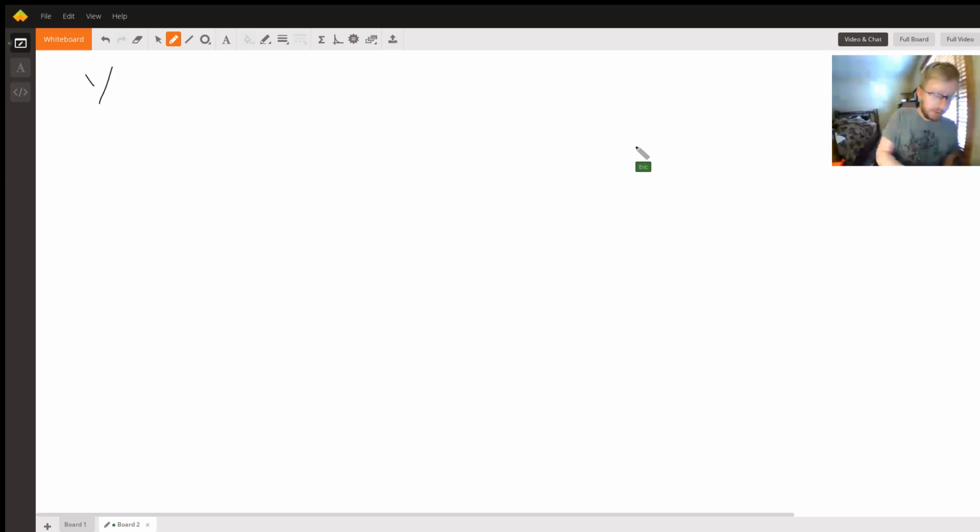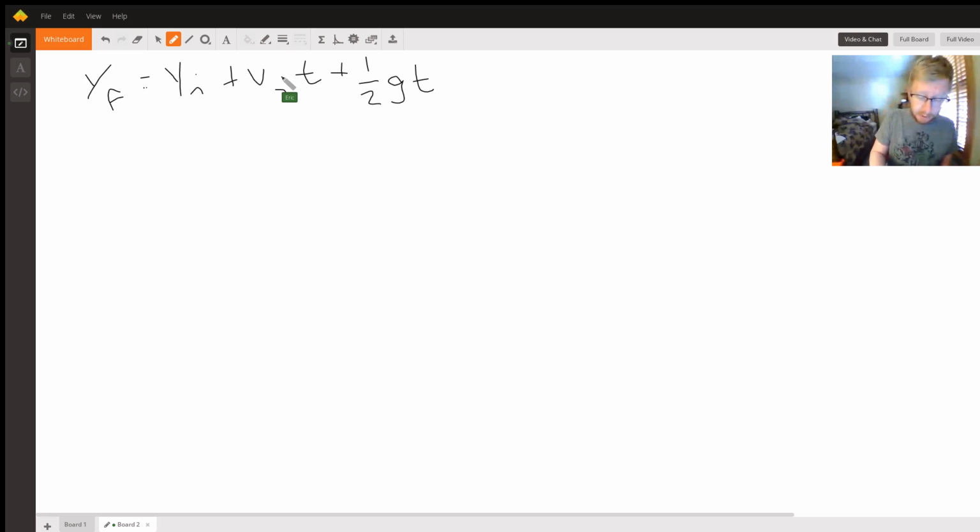So y final equals y initial plus v initial times time plus 1/2 of the acceleration, and since we're working in the y direction, our acceleration is going to be little g, times t squared.